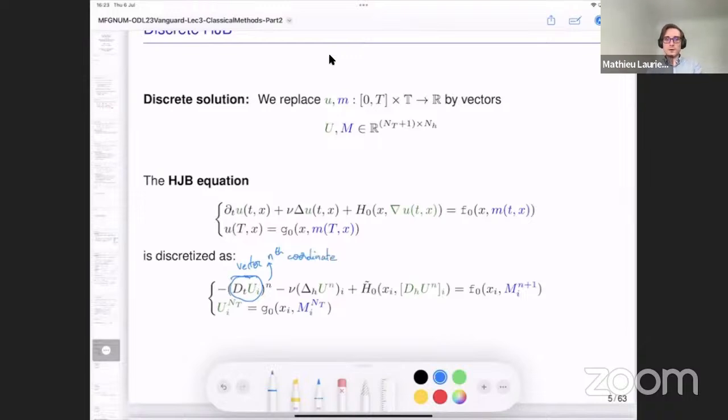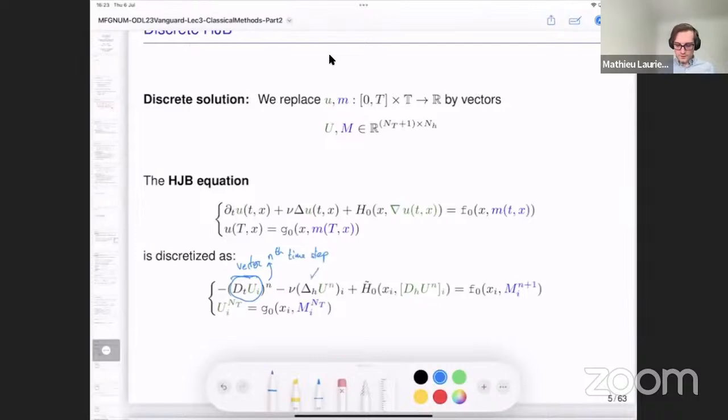So ui is the ith coordinate in space, but you have all possible time steps. You evaluate the operator dt, and then you take the nth coordinate for the nth time step, if you want.